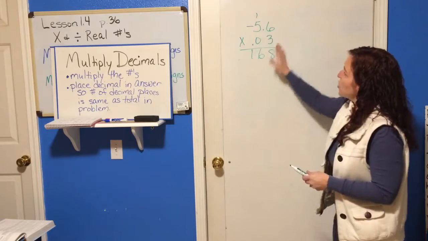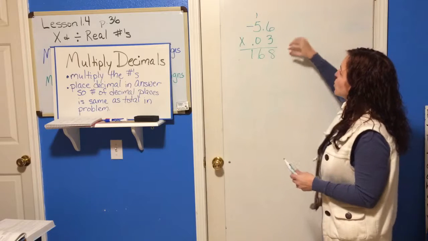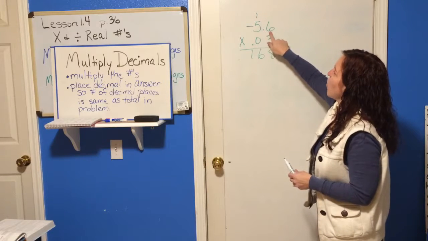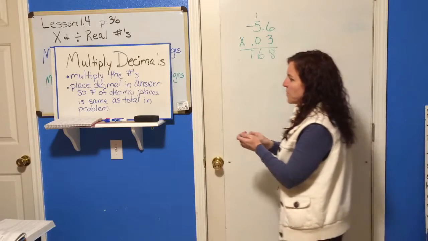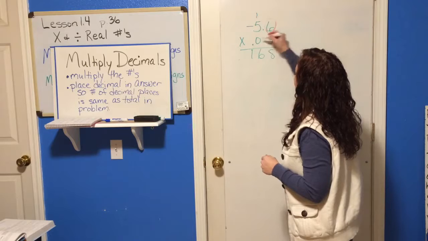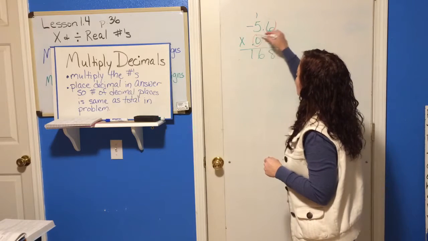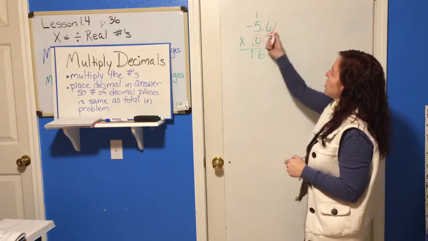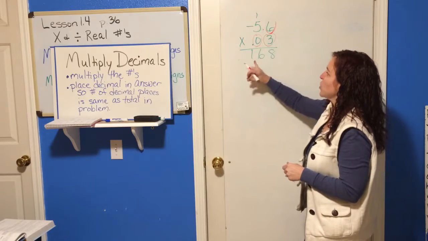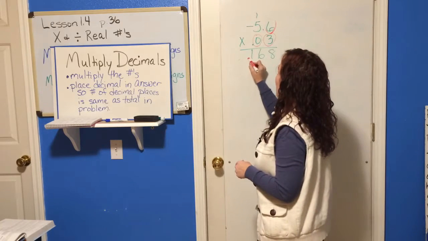So once you finish multiplying, then you're going to look to see, in my problem, to the right of the decimal, I have 1 place here. So I have 1 here. And to the right of this decimal, I have 2. So I have 1, 2, 3 decimal places in my problem. So I need 1, 2, 3 decimal places in my answer.